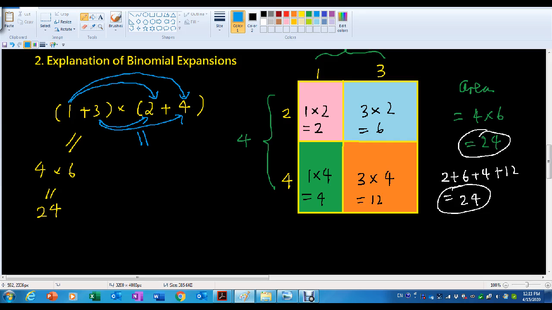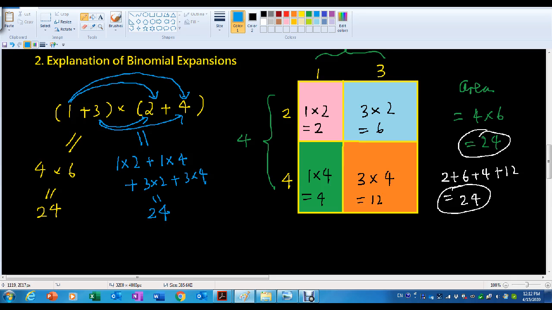So if we carry on doing this, we'll see 1 times 2 plus 1 times 4 plus 3 times 2 plus 3 times 4, just like what we have done for the rectangle, and you add all these sub-rectangles together to get the same amount of area as the biggest rectangle.